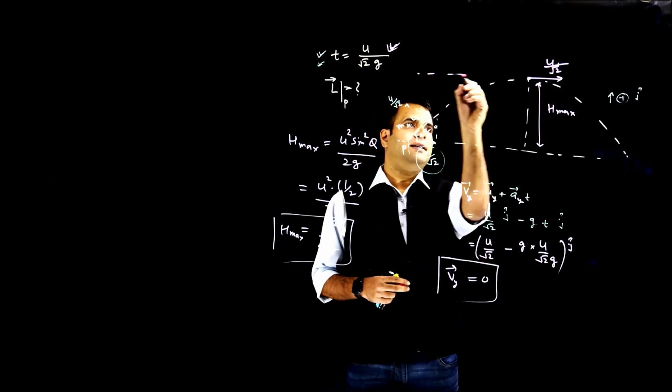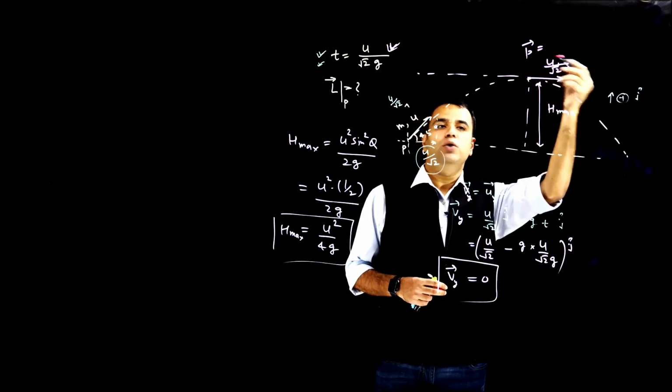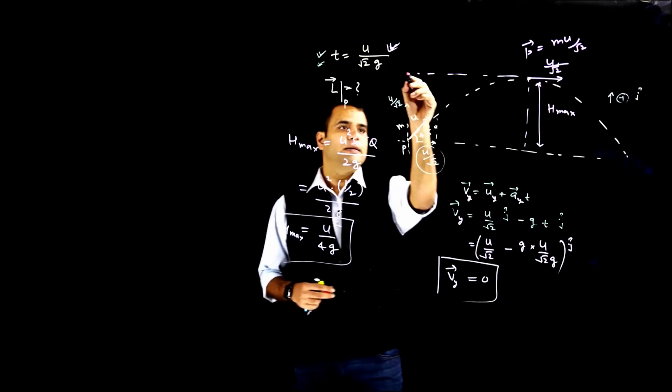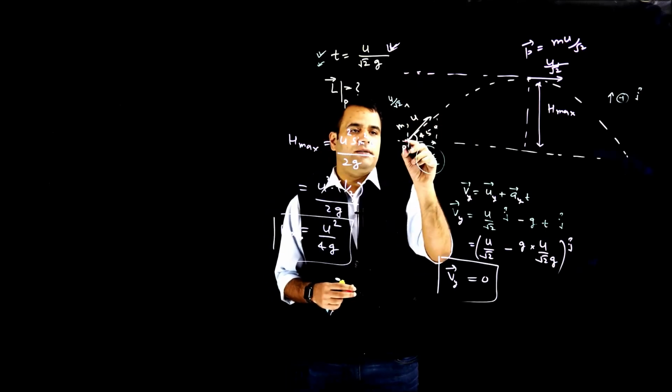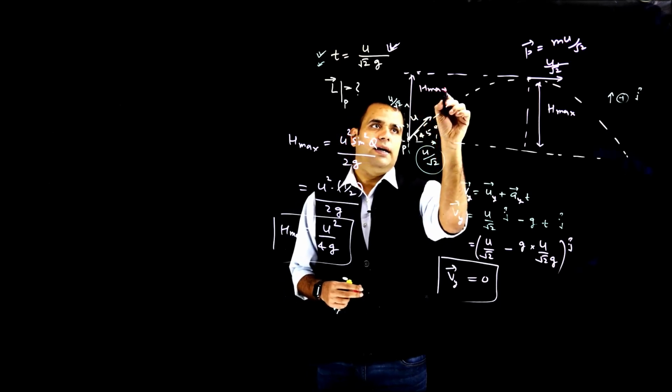So let's extend the momentum. At the topmost point, the momentum of the particle will be m into v, which is mu upon root 2. If I extend the momentum and put a perpendicular with respect to the initial location, that is going to be the h max.